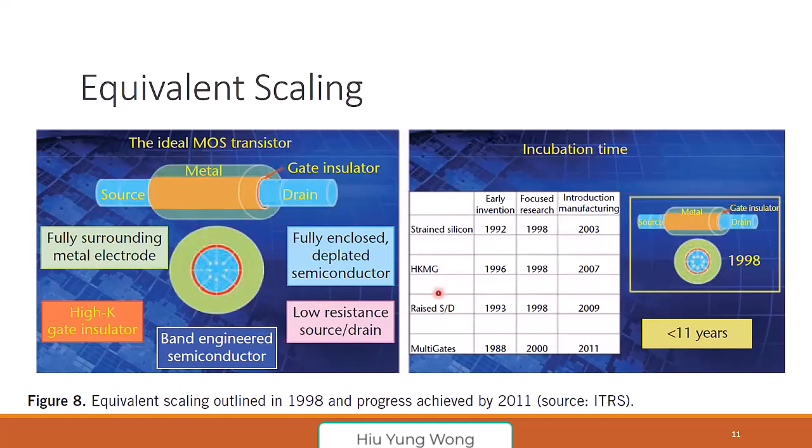High K metal gate. If you're not familiar with this, now you have to. This means high K, high dielectric constant, and at the same time you use a metal gate. You know why, right? Less leakage, smaller resistance. Raised source drain, making the source drain higher so you have less contact resistance. And multi-gate. Is that okay?